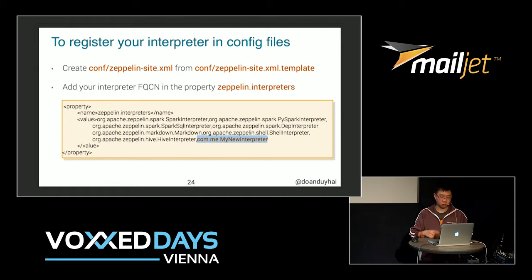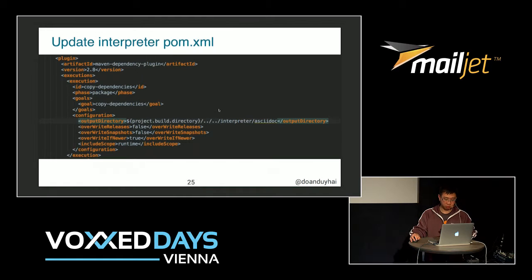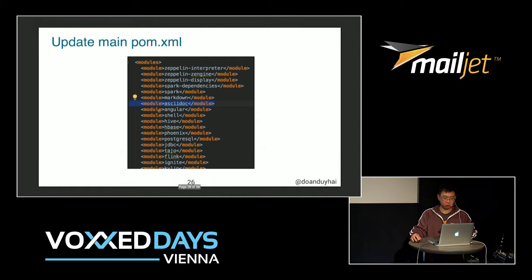So, two ways to register. Do not forget to update the POM file to expose the source code of your interpreter into the interpreter folder. And of course, do not forget to add your interpreter as a module of Zeppelin.